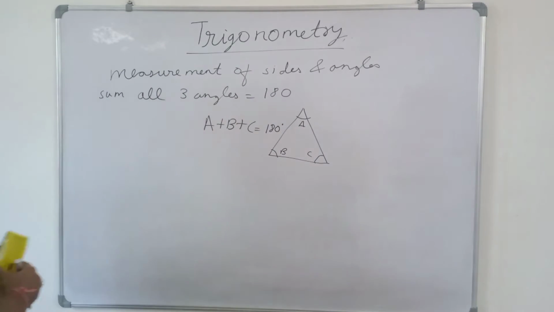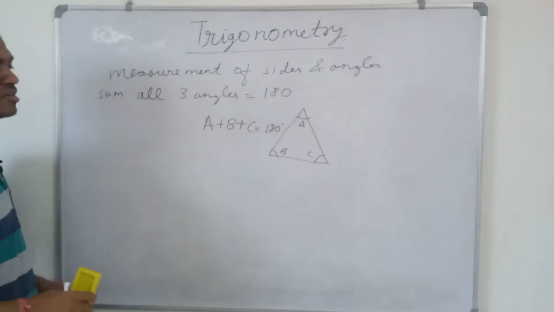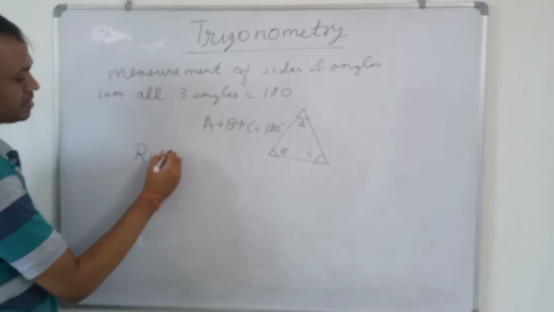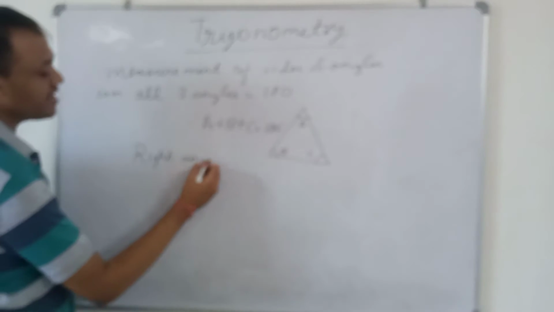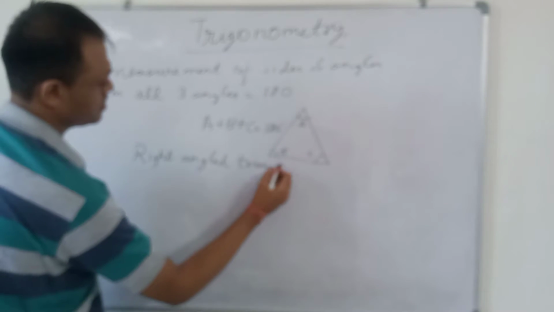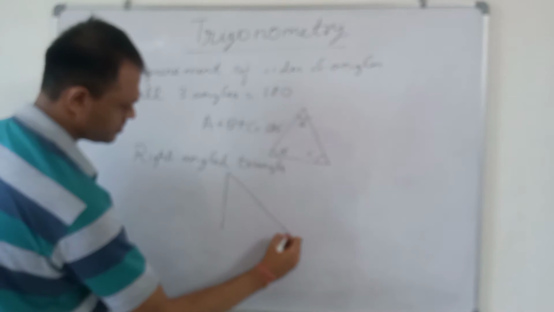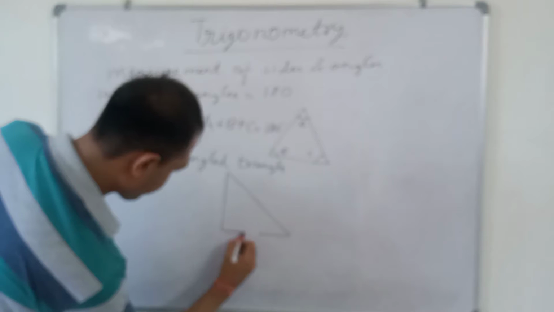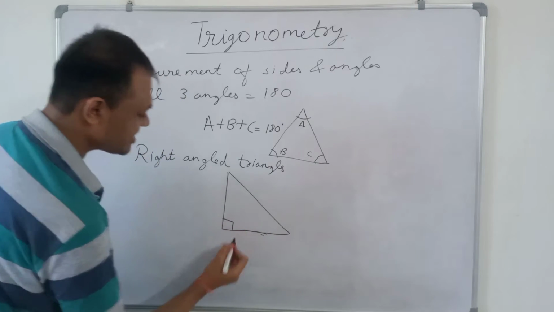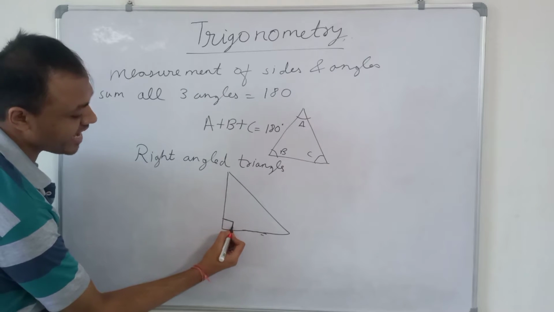So in trigonometry we will mainly deal with right angled triangles. In right angled triangles, one angle is 90 degrees, and it is denoted by one horizontal line and one vertical line.